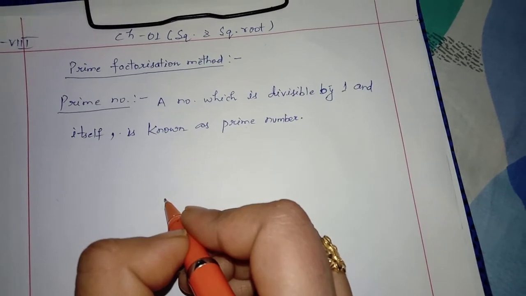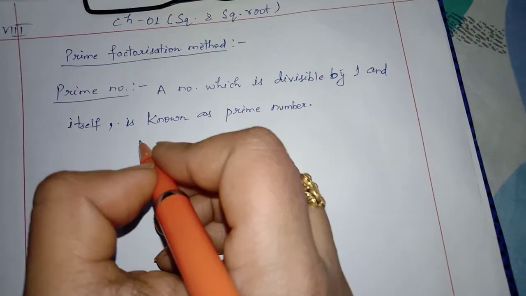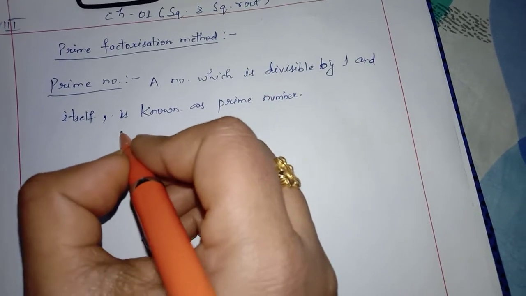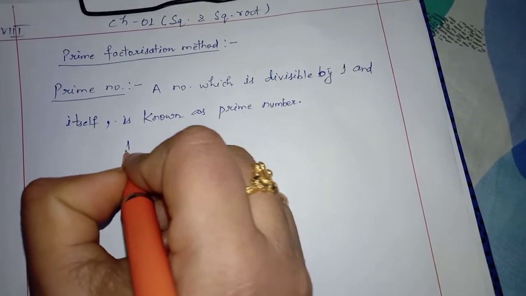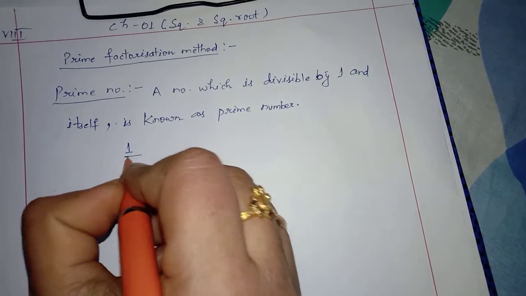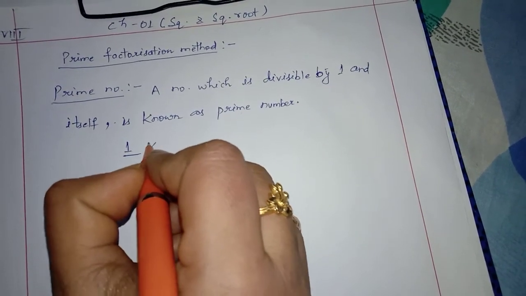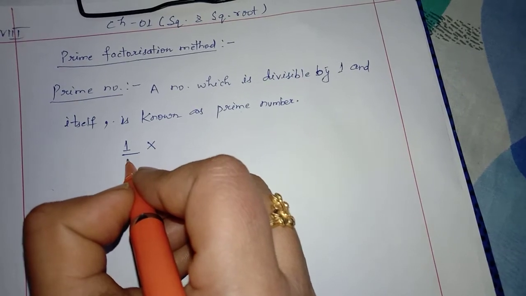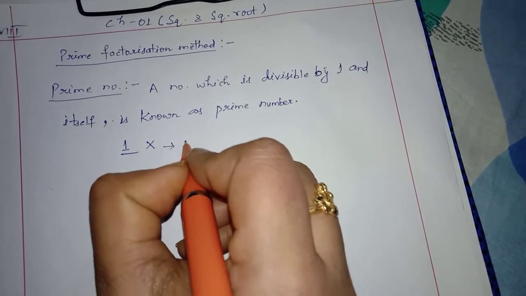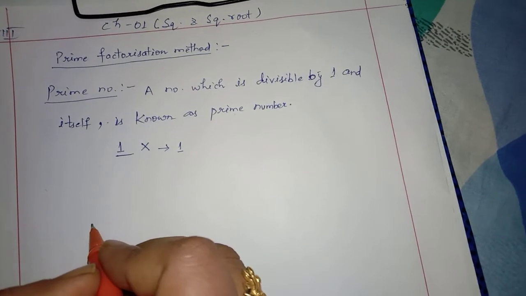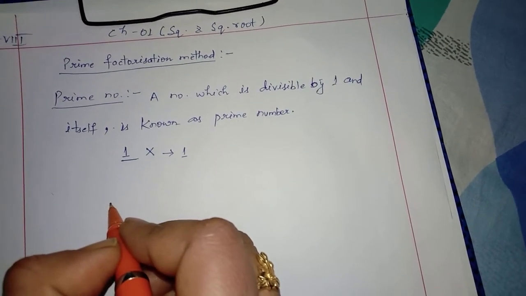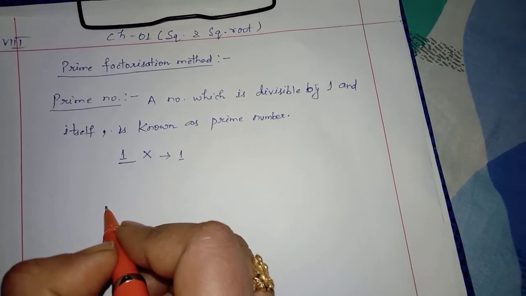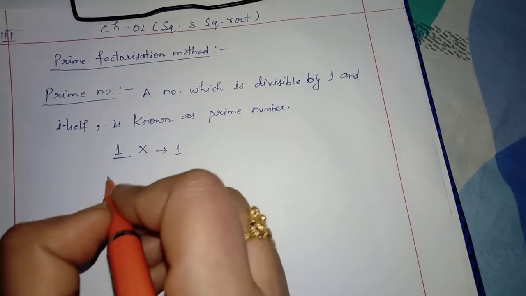There are many examples of prime numbers, but can you tell me which is the smallest prime number? Is 1 the smallest prime number? No, because 1 has only one factor, and this is only 1. For being a prime number, a number should have 2 distinct factors.